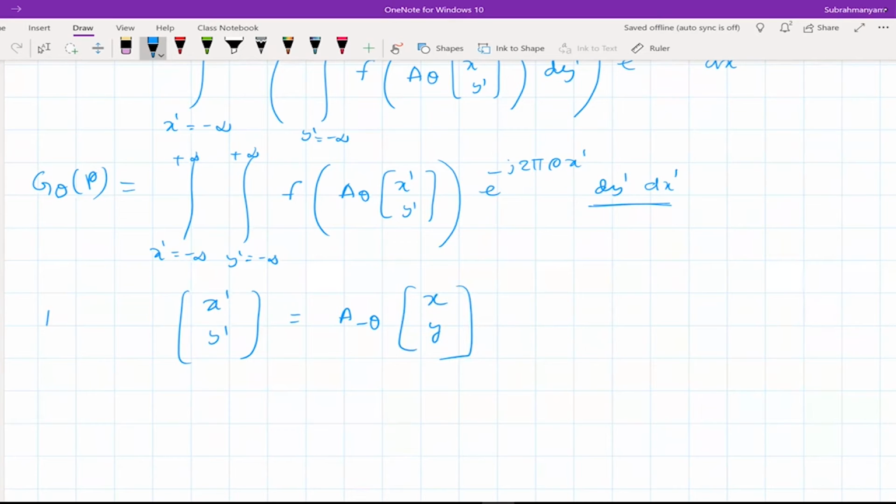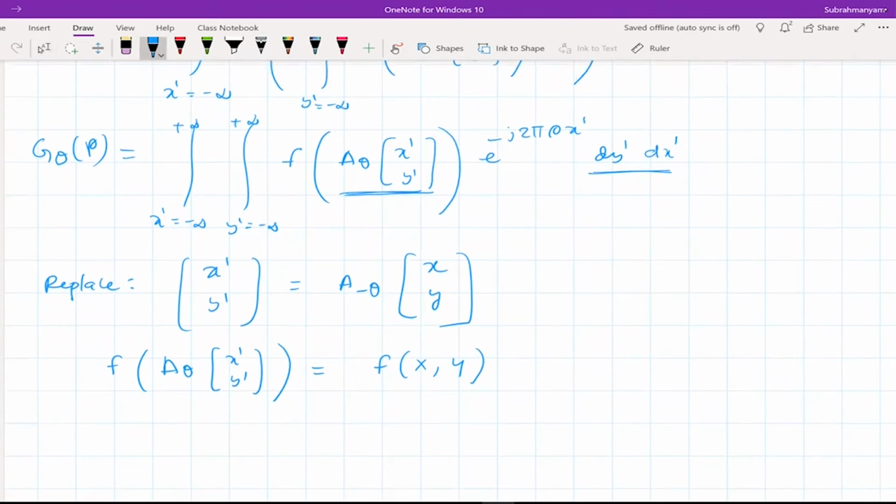So replace, or let, whatever you call it. So this change of axis, or in other words, change of variables, is what you are going to do. Then what would happen inside this function now if I'm doing that? Then f of a theta into x prime y prime, what will happen to that value? F of x y will be coming. Right, good. That's how we are getting f of xy here.